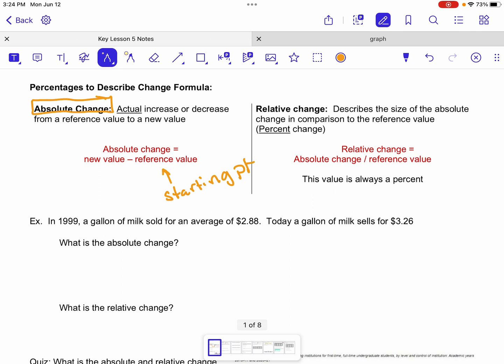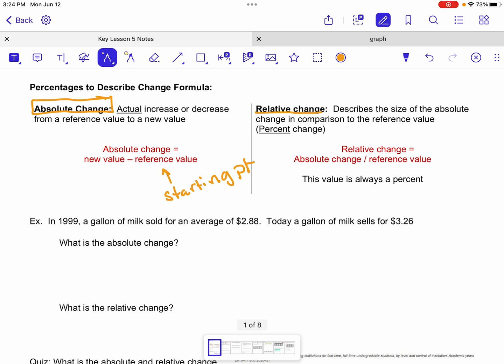Versus, and this is the more powerful one when it comes to comparing different changes, relative change. Relative change compares the change to a reference value. We're going to turn it into a percent, because then I can look at how many different things changed and compare them on the baseline of 100%.